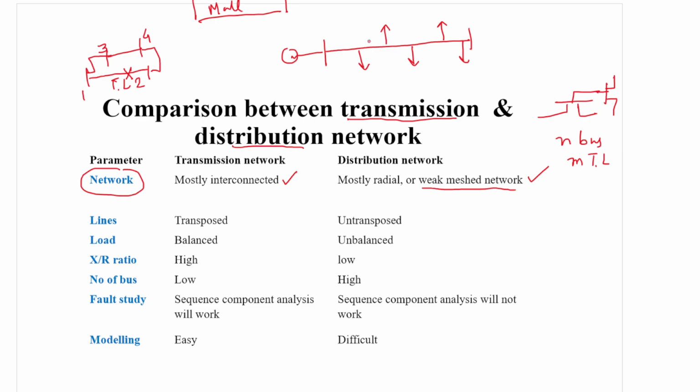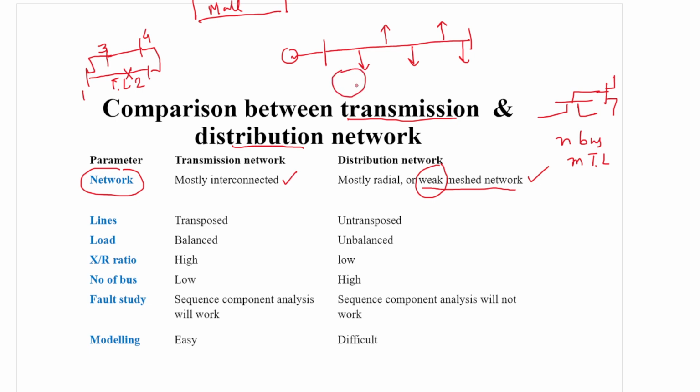So our distribution networks mostly look like this, or maybe there may be some loop. There may be a loop or mesh system, maybe 1 or 2. So that is why it is called a weakly meshed system. Maybe for the entire distribution network you may see one such loop.